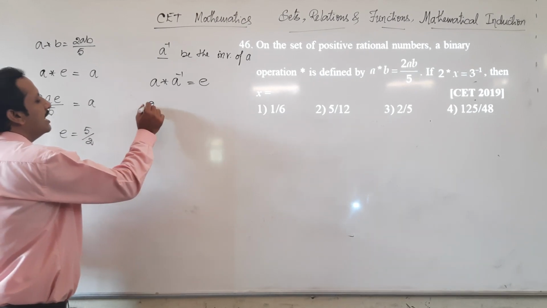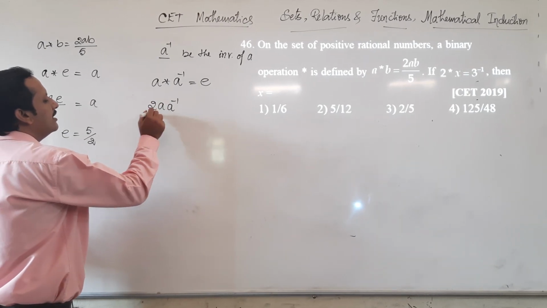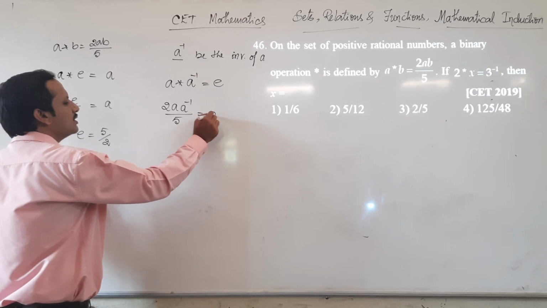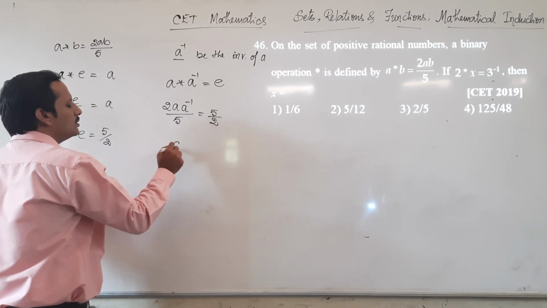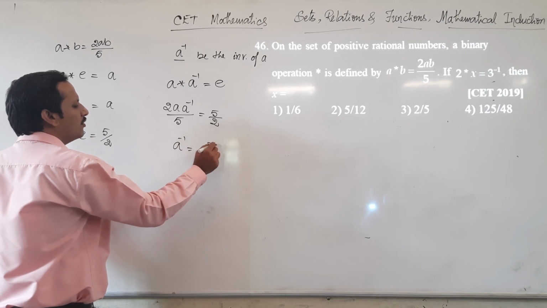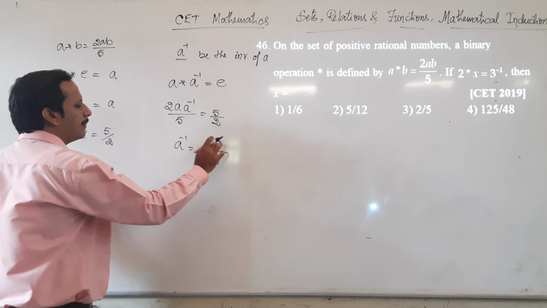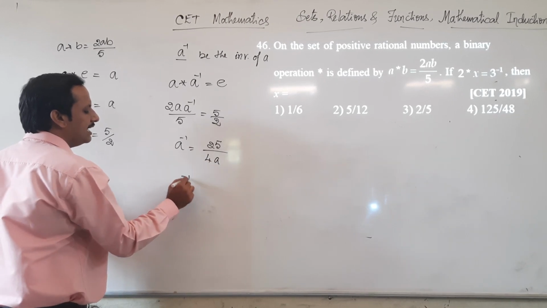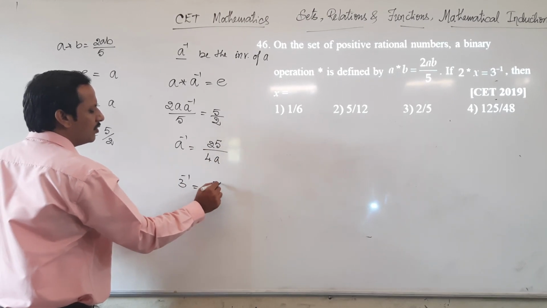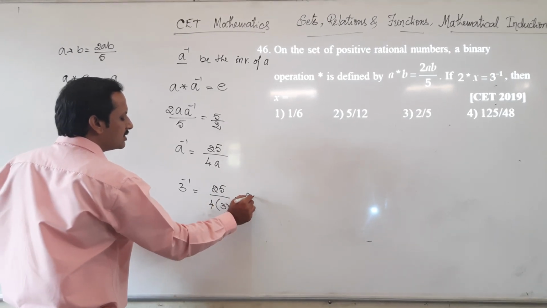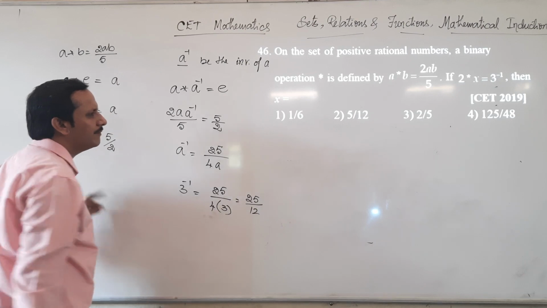So a star a inverse is 2a a inverse by 5, which is equal to E. E is 5 by 2. So a inverse is equal to 25 by 4a. Okay, so there we need 3 inverse. 3 inverse will be equal to 25 by 4 into 3, which means 25 by 12.